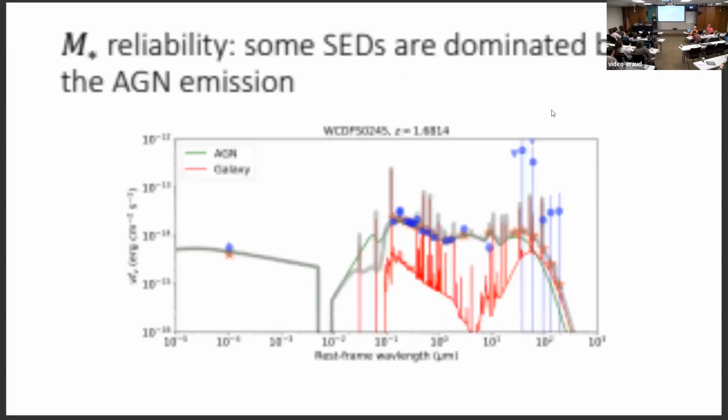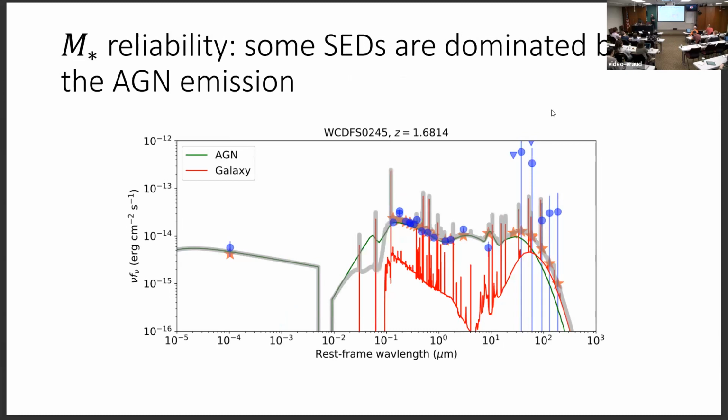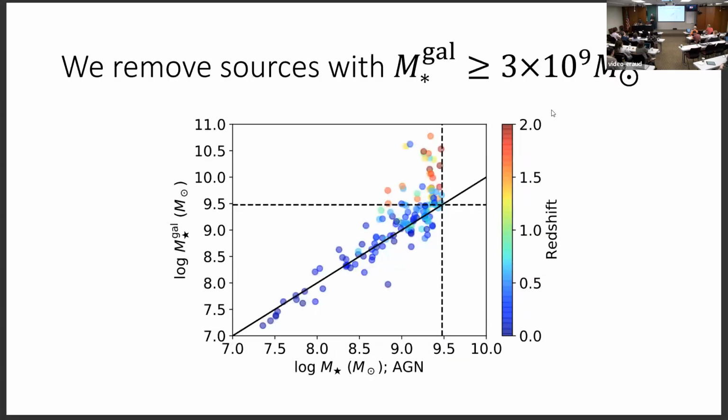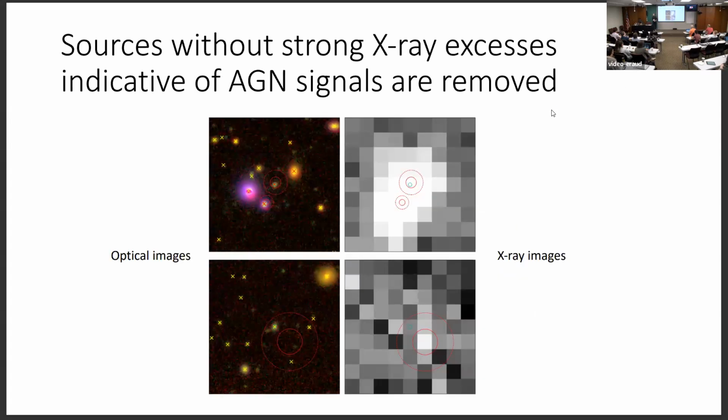And such sources are just like this one. It's totally dominated by the AGN emission in terms of its SED. And we thus remove sources whose galaxy template-based stellar mass is above this stellar mass threshold. And this removes lots of high redshift sources.